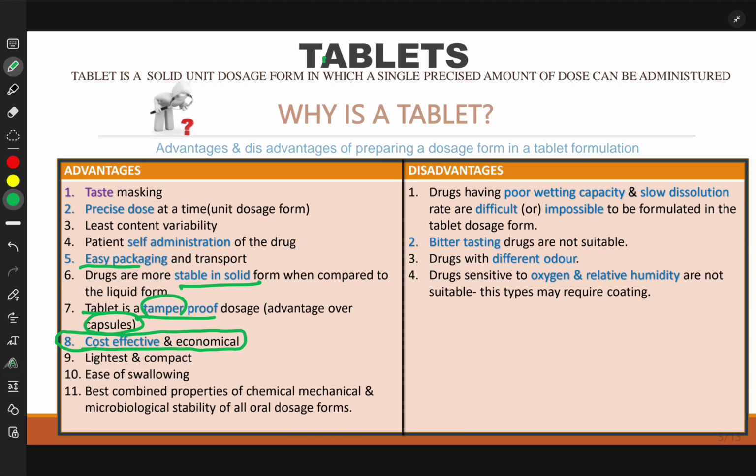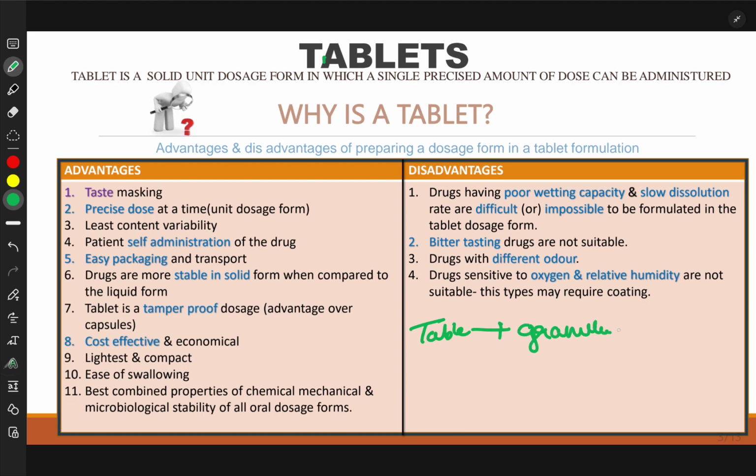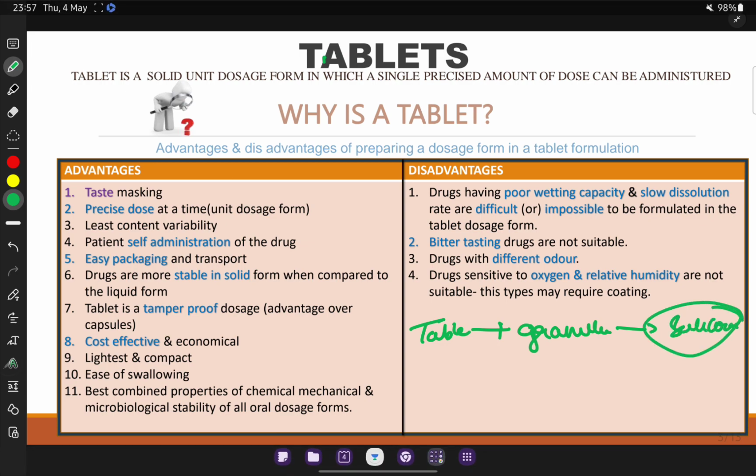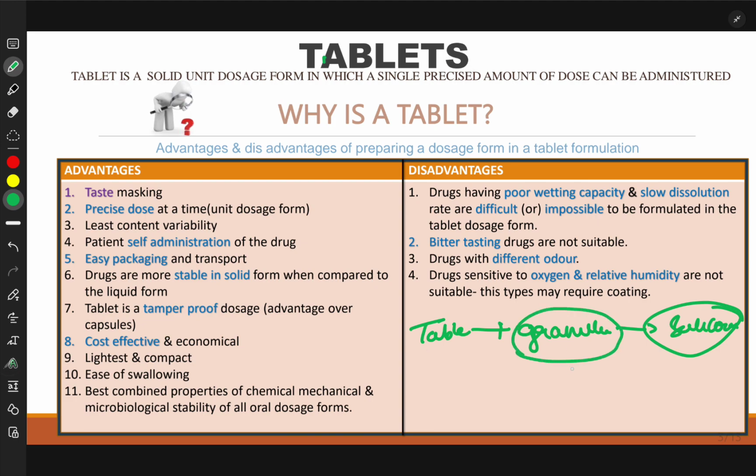See, here I have to say one point. Tablets are prepared by preparing the granules, and granules are subjected to compression. See how simple the process is. We are having only one process called granulation.